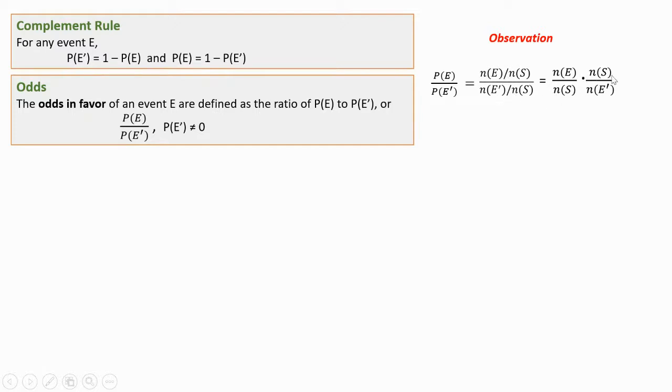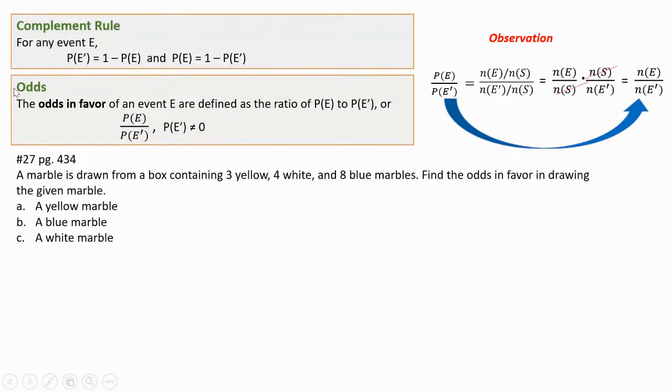So you invert it, and these cancel to 1. So you're left with the probability of E over the probability of not E, or the number of E over the number of not E. This is easier. So this is equal to that, and I just proved it to you by using basic mathematics.